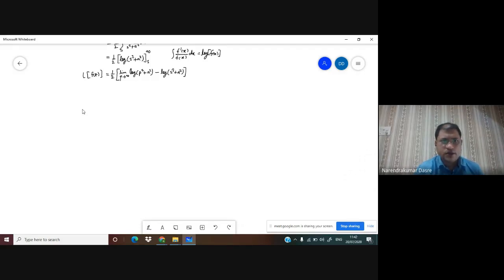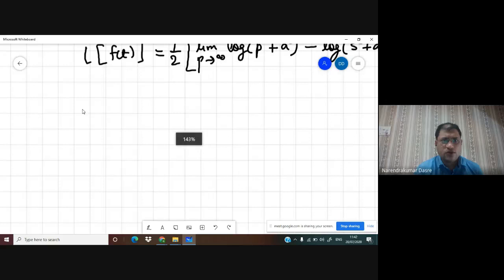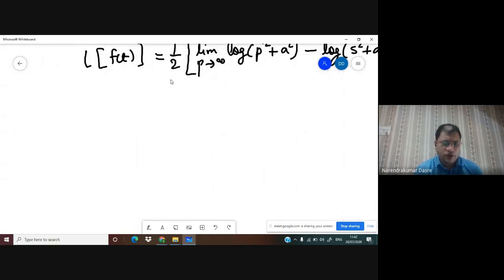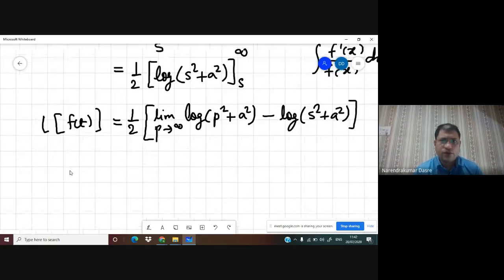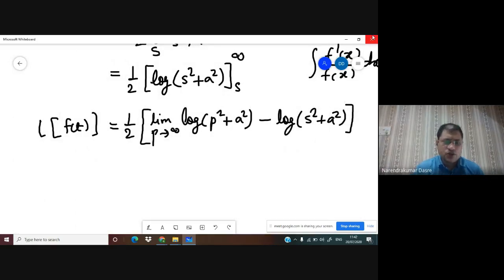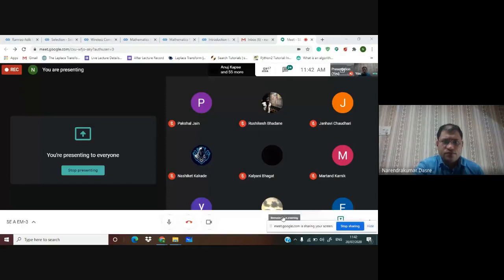Clearly this limit does not exist, and hence we have to be careful. So that's what we can have.